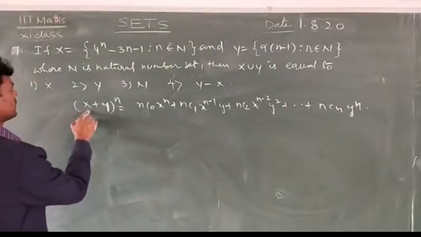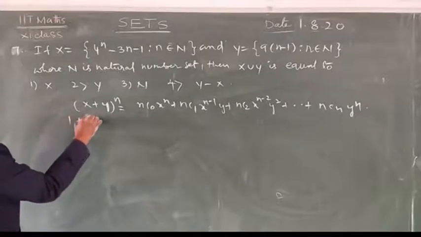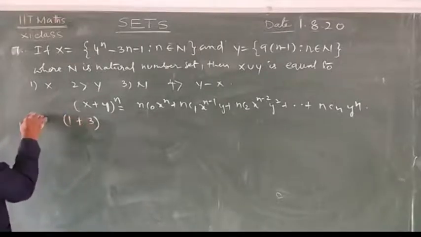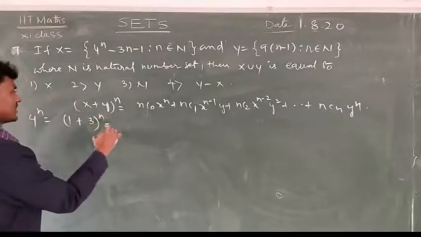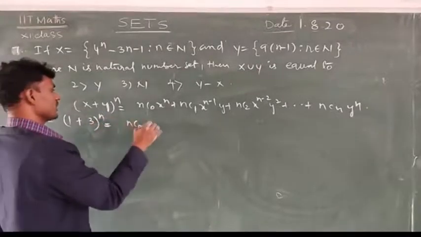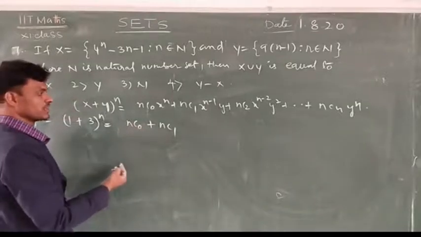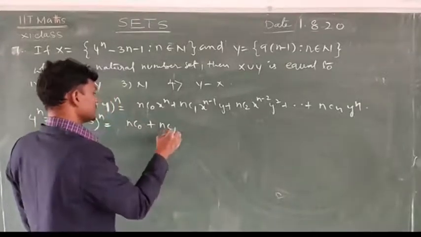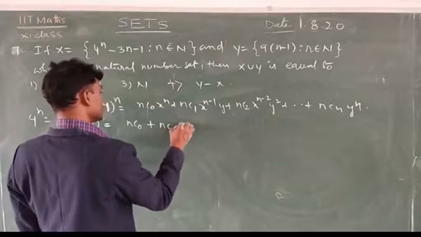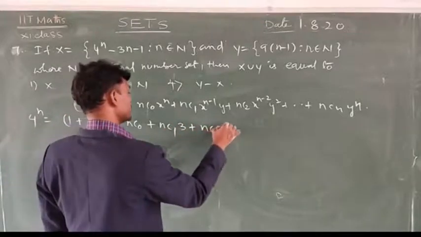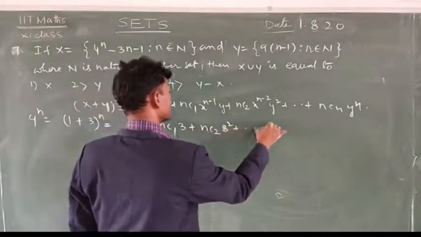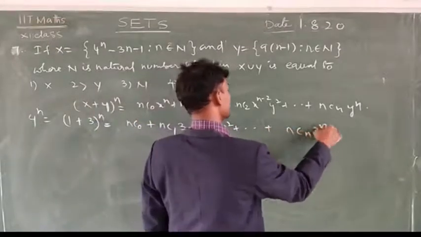Here take x as 1 and y as 3, then 1 plus 3 is equal to 4. 4 to the power n is written as nC0 plus nC1 3 plus nC2 3 squared, and so on up to nCn 3^n.